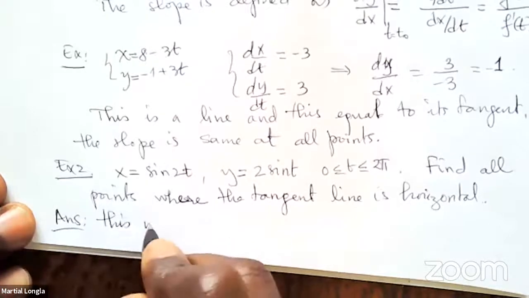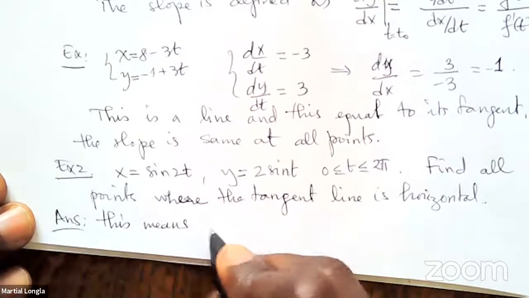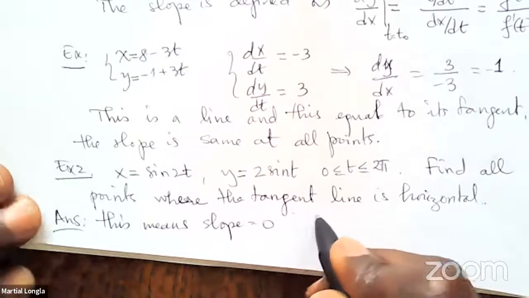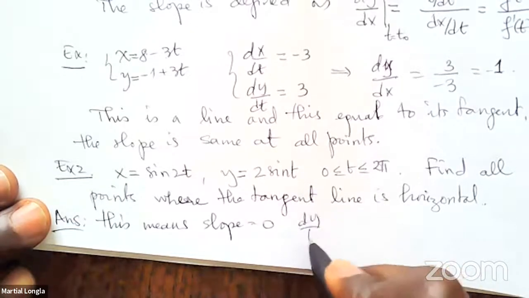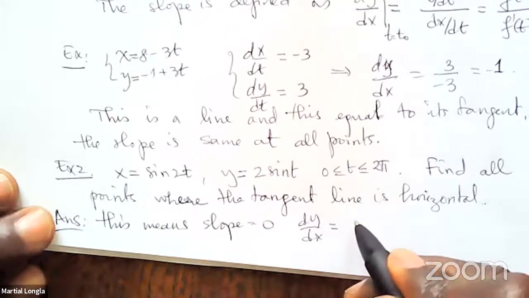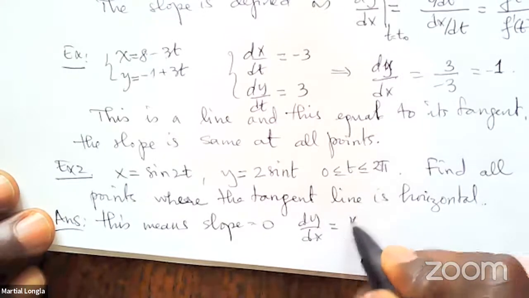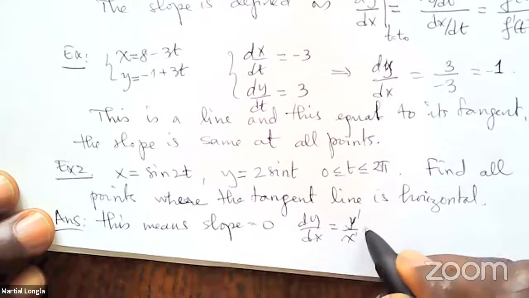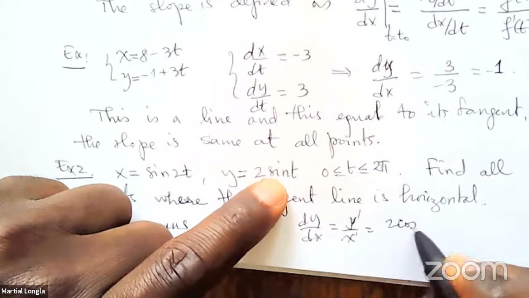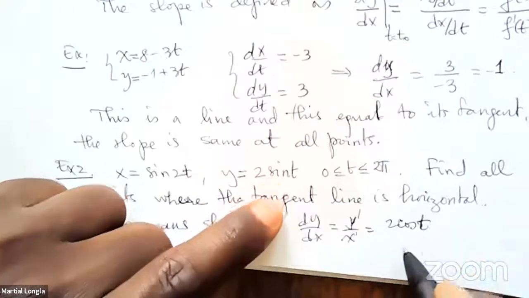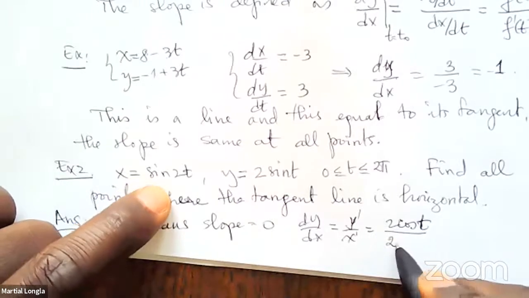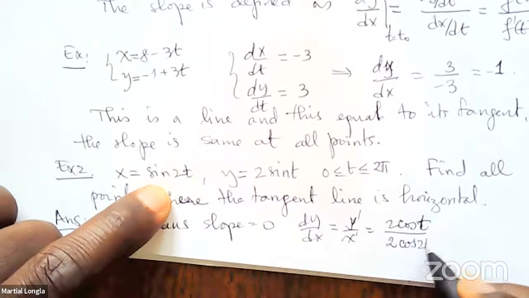This means slope equals 0, so you want dy over dx, equals y prime over x prime, and y prime is 2 cosine t. That's the derivative here. It's 2 cosine 2t.